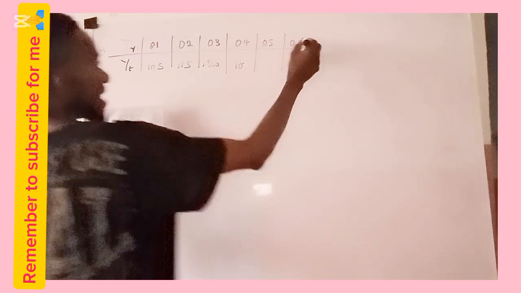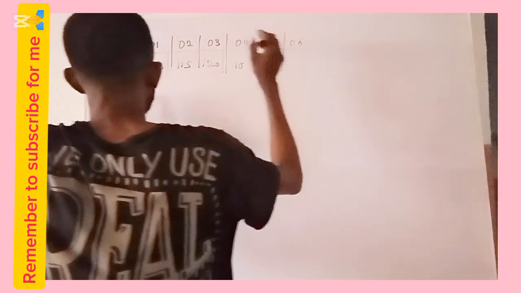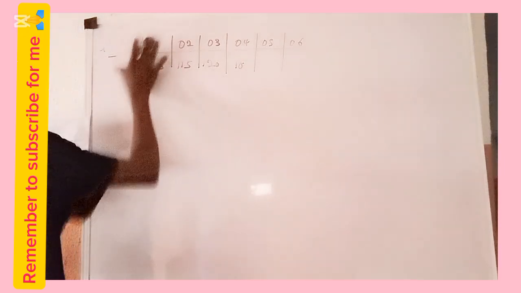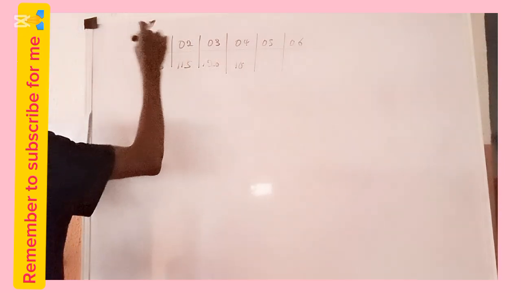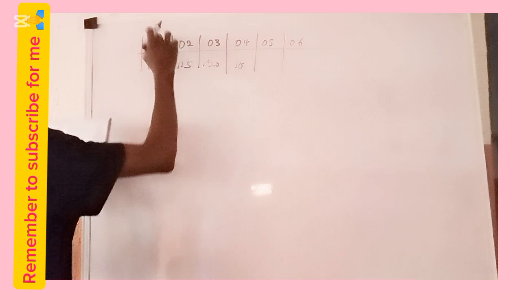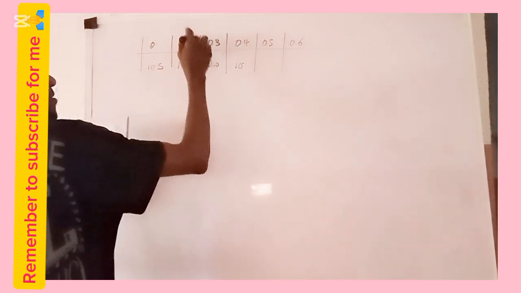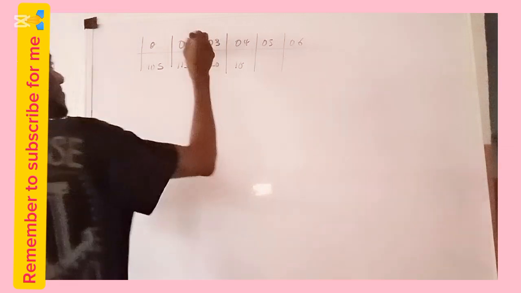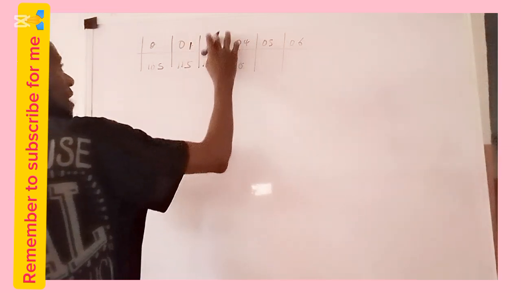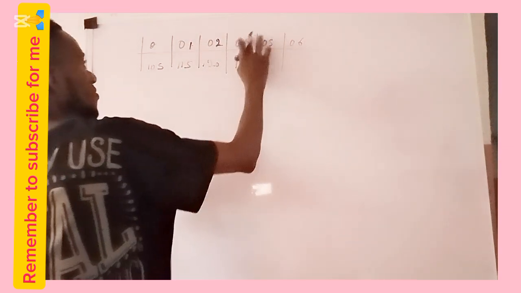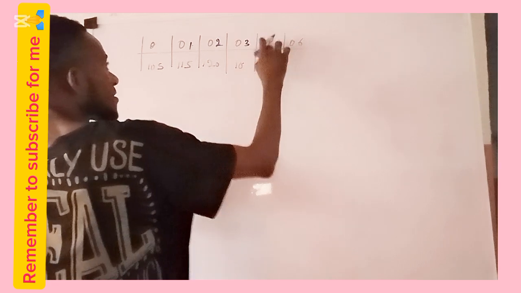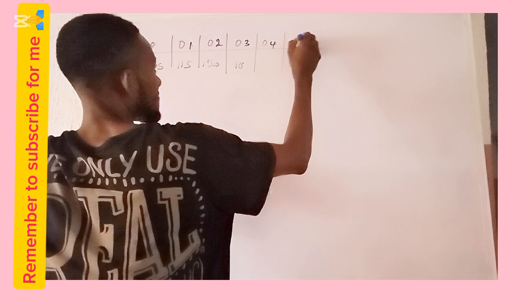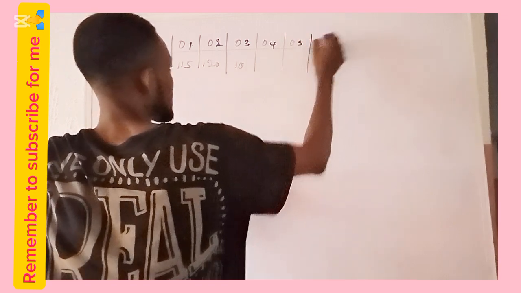Then I have 2007. This data set actually began from 2000, which I will write as O0. This is my O1, this one becomes O2, this is O3, O4, O5, and then we have O6.